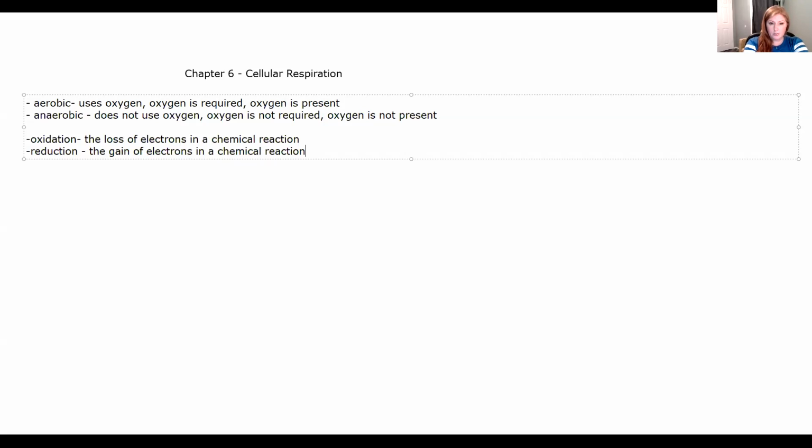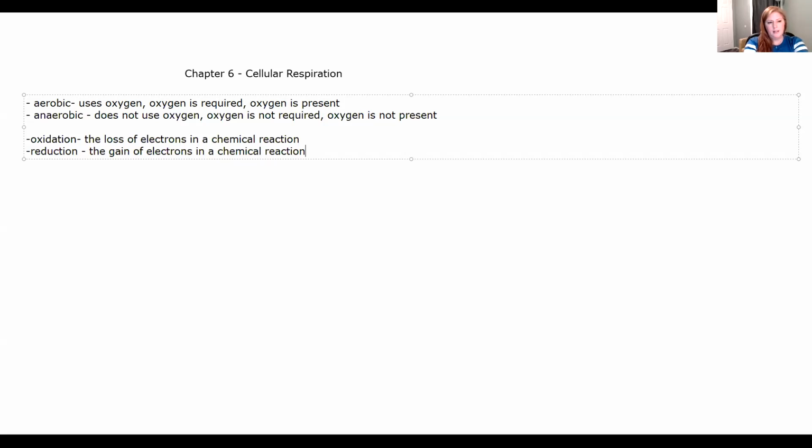Okay, the terms. I know it's weird. We all think reduce means to lose something, to lessen something, and yet here it's gaining electrons, whereas oxidation is losing electrons. That's because the term reduction is referring to reducing the overall positive charge of an atom, or reducing from a neutral charge.